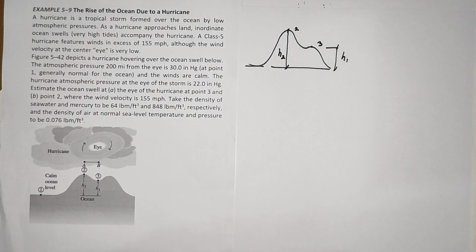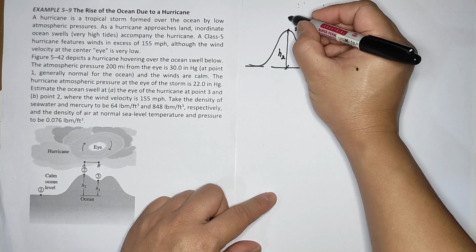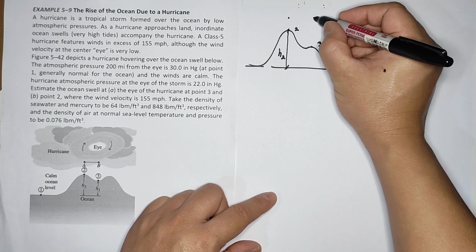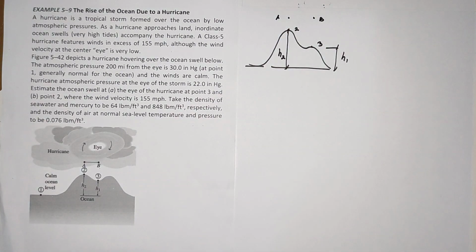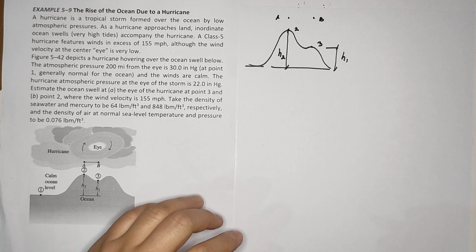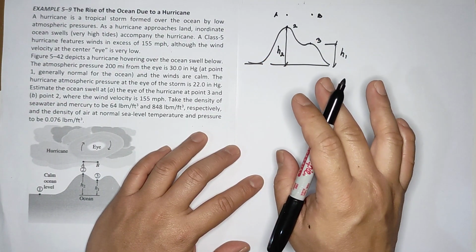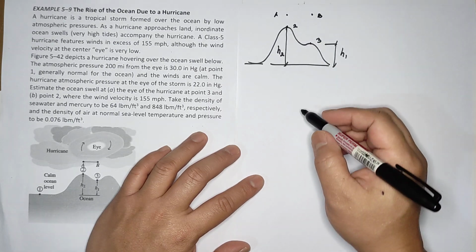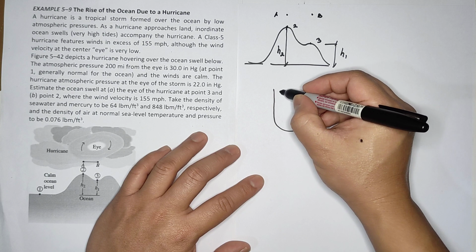Okay, so then what we can do is let's analyze here point A and point B, and then we could put that one into a manometer. So like this.